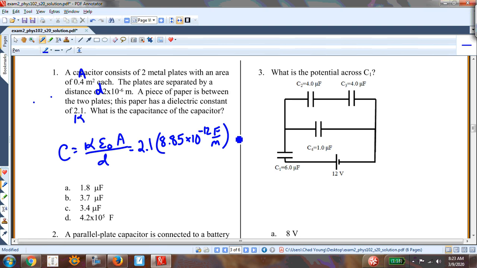A is 0.4, and D is 2 times 10 to the minus 6.